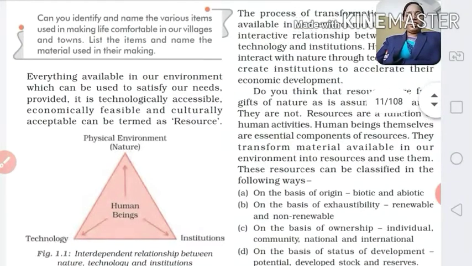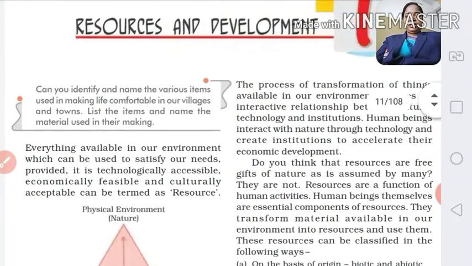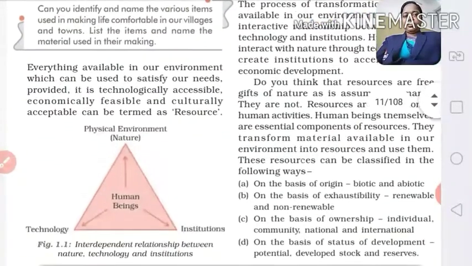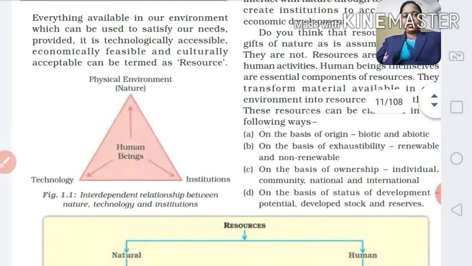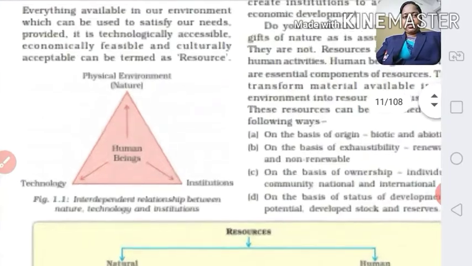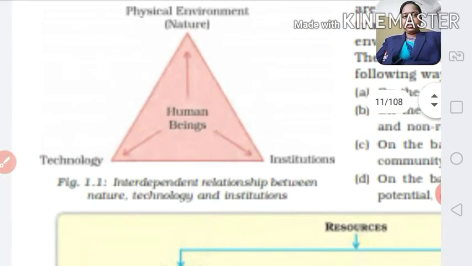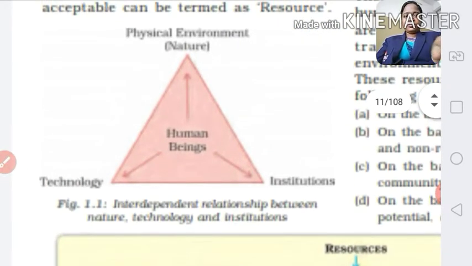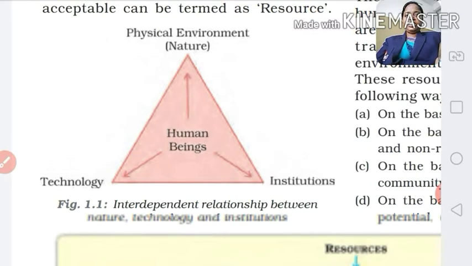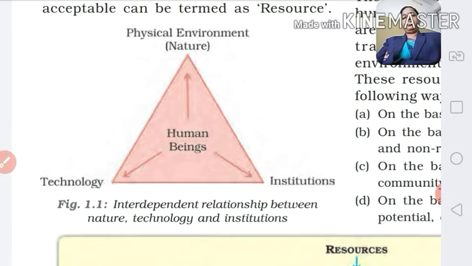So we will start now. First we will see this graph, how human beings use nature or the environment for her or his survival. Interdependent relationship between nature, technology and institution. Human beings use these three things. What three things?